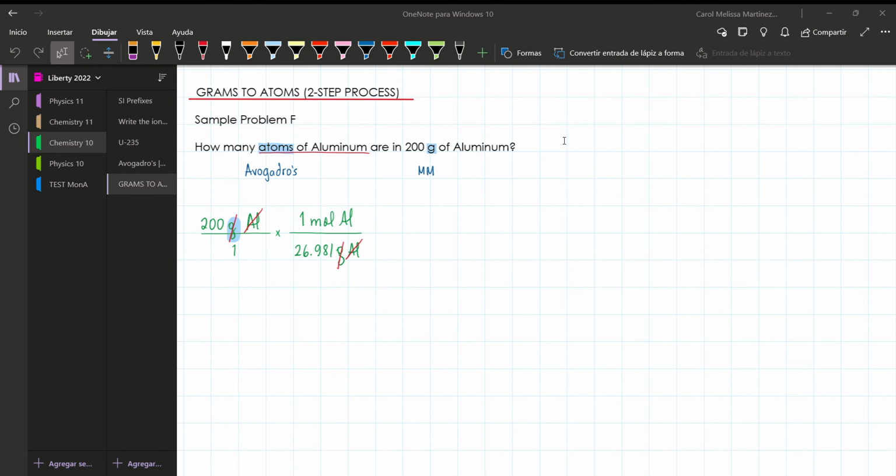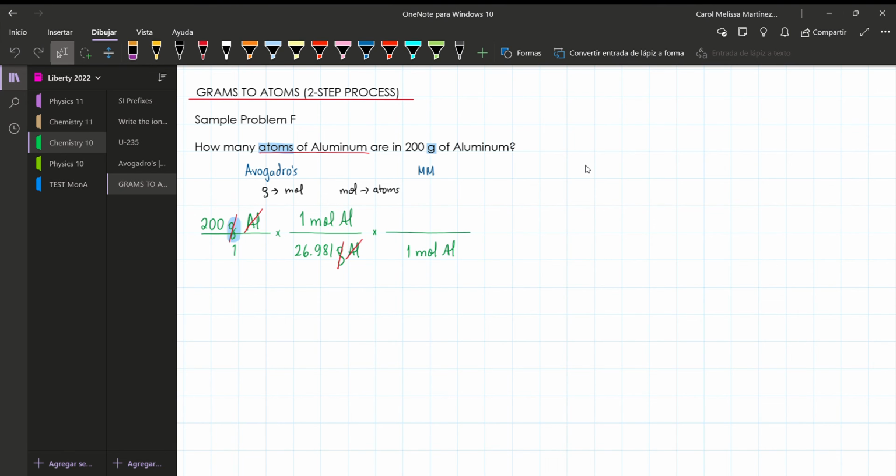And we continue. Now I have to convert from moles to atoms, according to what the problem is asking me. Because they gave me grams, I begin from grams to moles, and then I can continue from moles to atoms. In what place am I going to write moles of aluminum, up or down? 1 mole of aluminum.